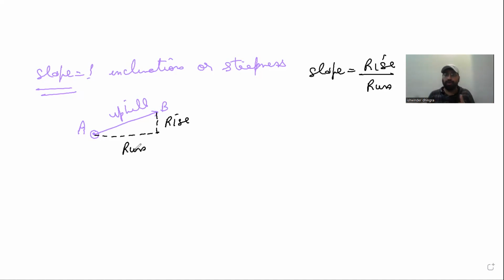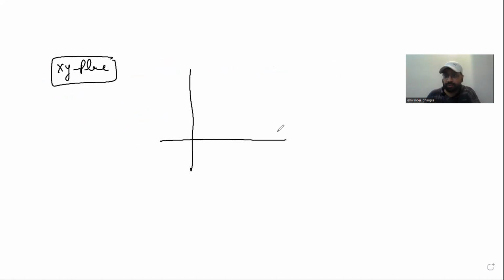But first of all, I want to discuss something more about the XY plane so that you can better understand how to find the slope when the linear equation in two variables is not given. So let's try to understand. We discussed recently what an XY plane is.